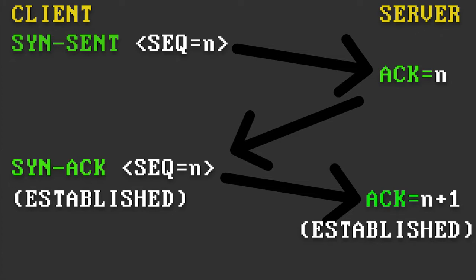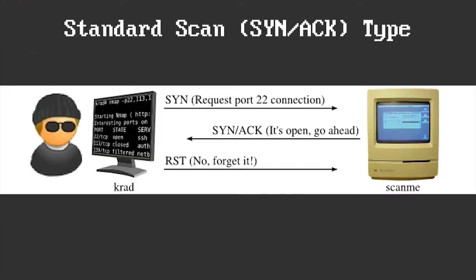So back to our scan, this stealthy SYN scan type. It's called a half-open scan type because the scanner sends a synchronization request, and if it receives the SYN-ACK message from the target, this is a confirmation from that server that it is up and the port is open.